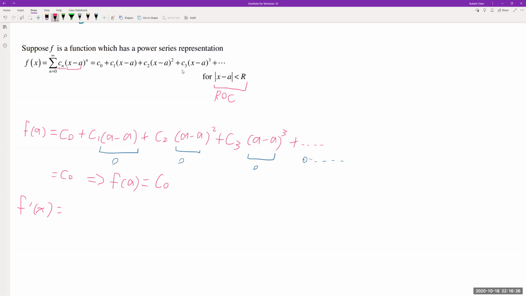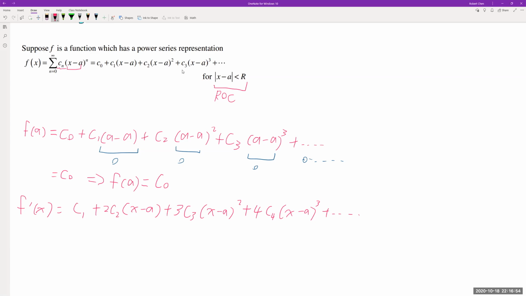So we have c1 plus 2c2 times (x minus a) plus 3c3 times (x minus a) squared, and let's do one more, plus 4c4 times (x minus a) to the third power, and so on. Basically, we're doing the power rule for every term: bring down the power and then decrease the power by 1.